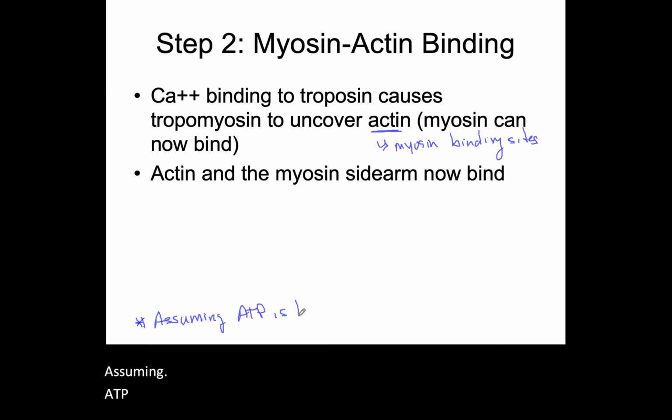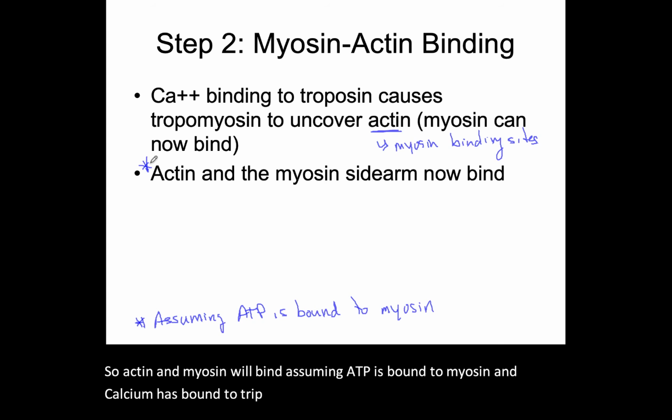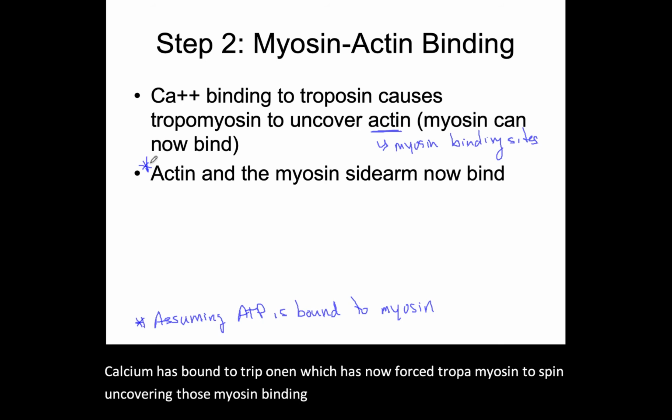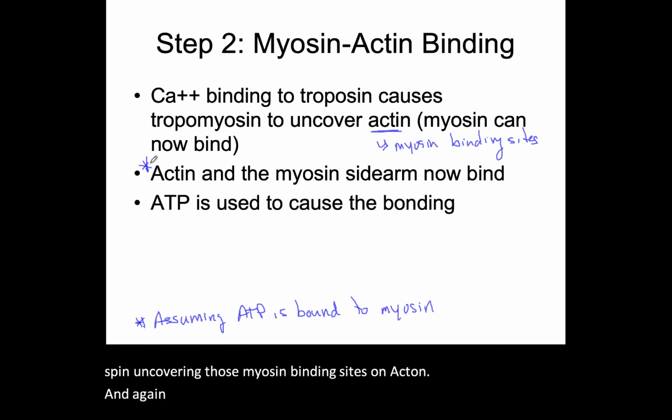So actin and myosin will bind, assuming ATP is bound to myosin and calcium has bound to troponin, which has now forced tropomyosin to spin, uncovering those myosin binding sites on actin. And again, ATP is what's stimulating myosin to reach out and try to bind to actin.